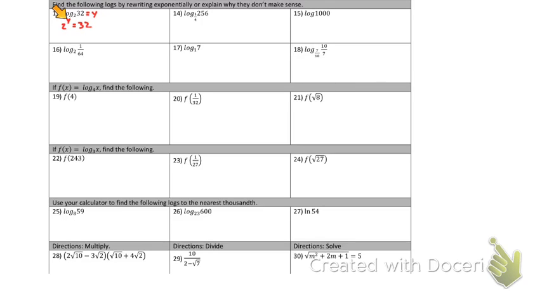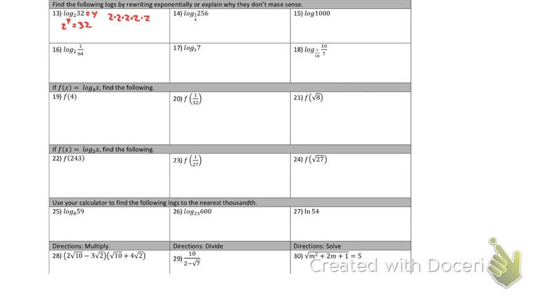So we know 2 to the 4th power, which is 2 times 2, 4. 2 times 2 is another 4. That's 16. And if we do 16 times 2 again, that would give us 32. So I'm thinking this is to the 5th power. So check it. 2 times 2 times 2 times 2.